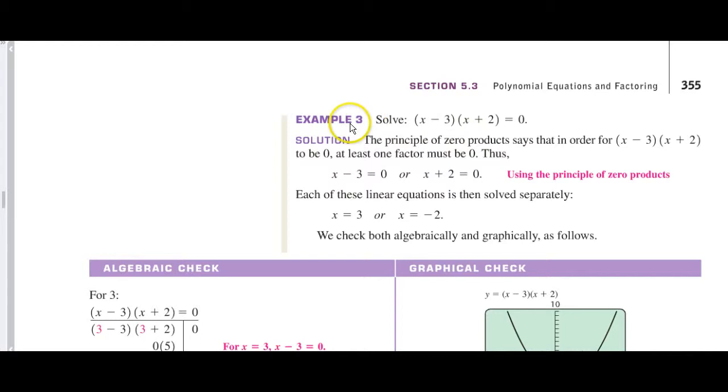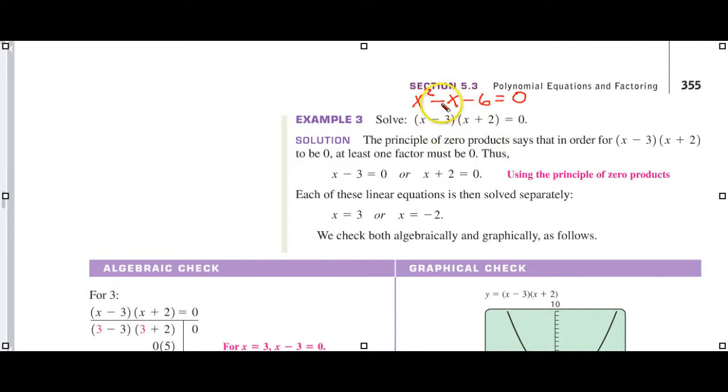Now, in example 3, here they already have it in factored form. But where did these factors come from? Well, if we FOIL this, we get x squared, a negative 3x, a positive 2x.